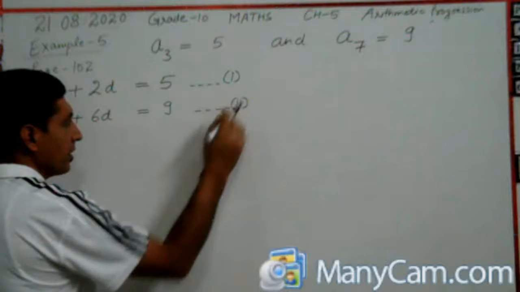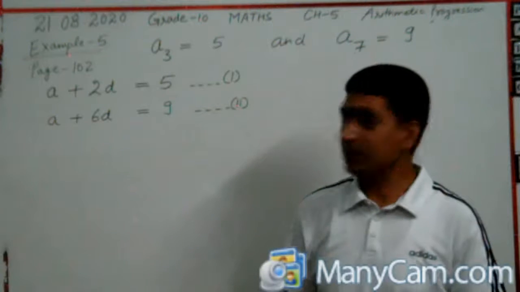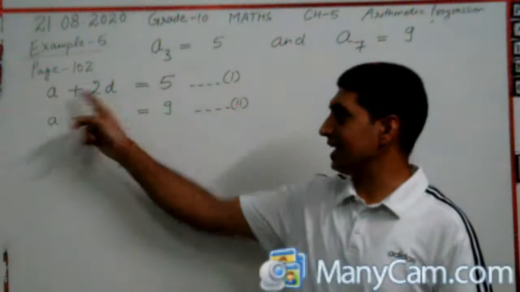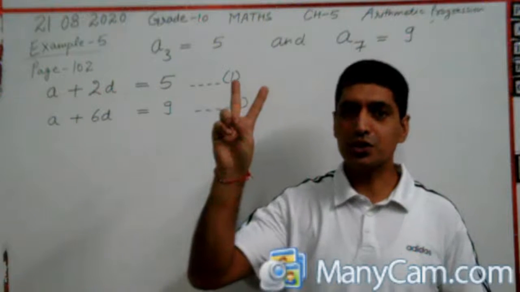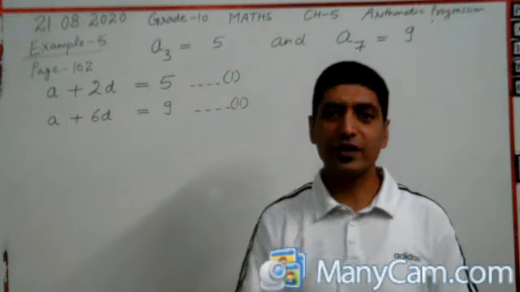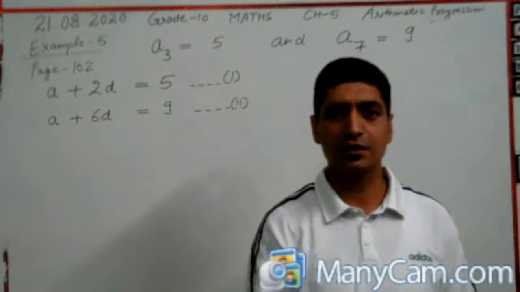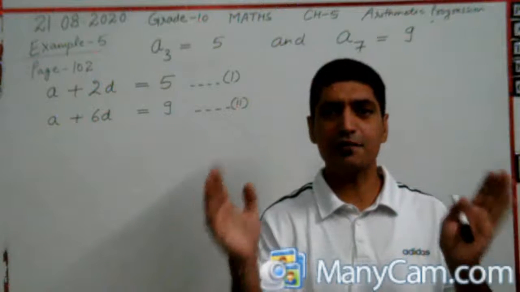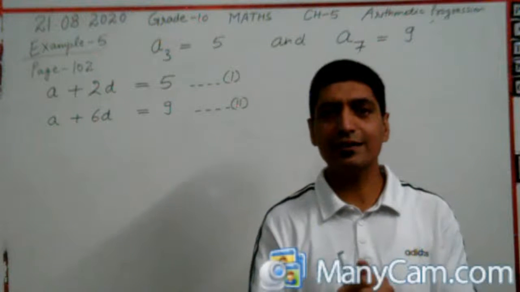Now here, if we check the variables, we have two variables, A and D. We have two equations, which means we have a pair of linear equations in two variables, which is a complete chapter we studied in grade 10, chapter 3.